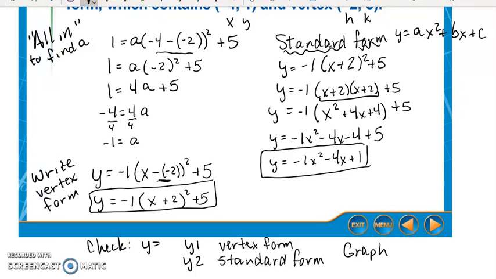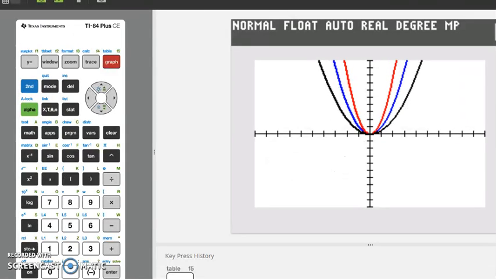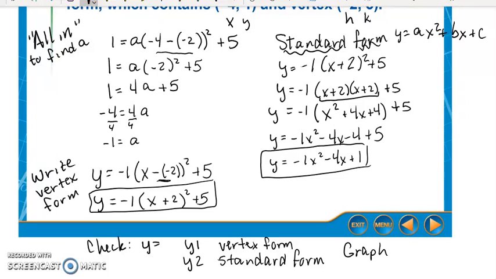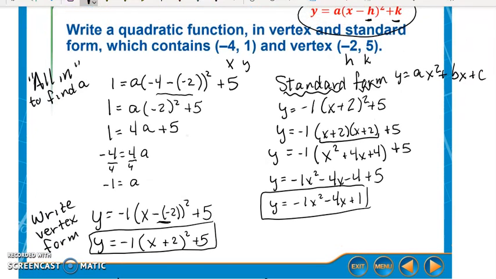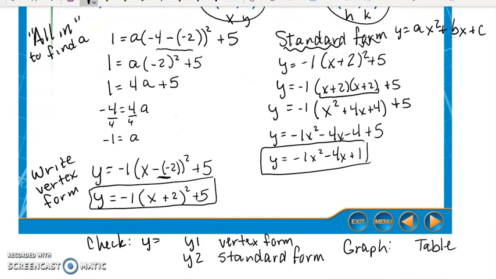When you graph it, if you did it right, you should end up with 2 overlapping graphs that look exactly identical to each other. And then you can also go to the table and make sure that the 2 points that you started out with are on your table. And if they are, then you got it right.